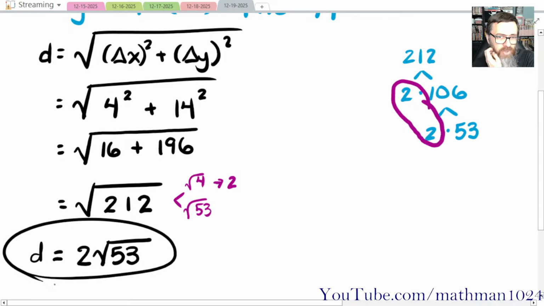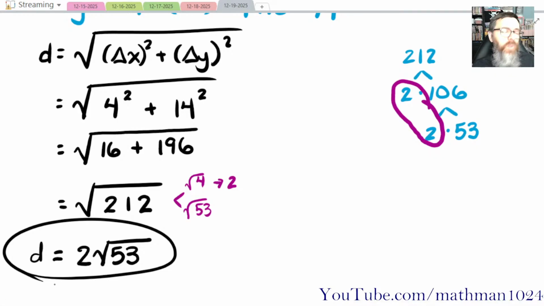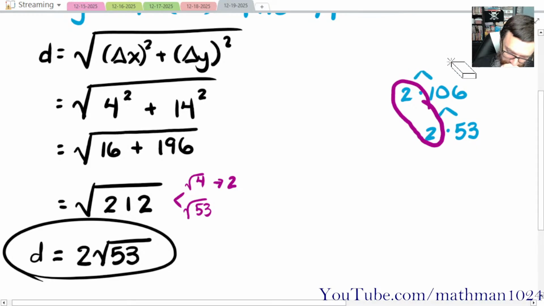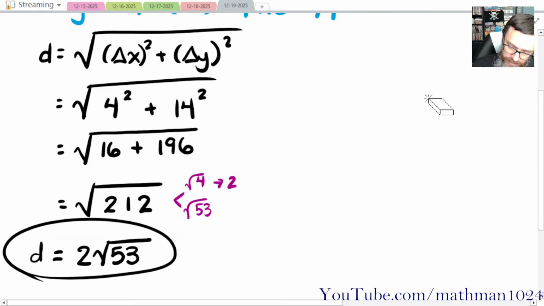Now I want to show you a slightly easier way perhaps to simplify this. I know a lot of times when we get to some of these larger numbers, it can be overwhelming. Now, we do know that we can do a factor tree, right? But let me show you something else. Let me just get rid of this real quick.